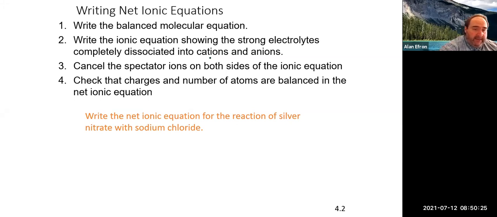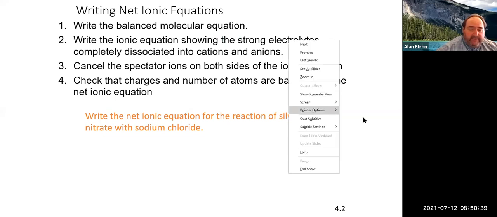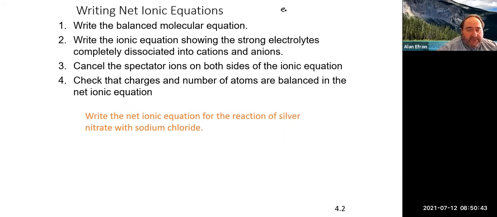As we'll talk about as we go through this chapter on reactions, there are sort of three driving forces for chemical reactions: an electron transfer, the formation of a precipitate, which is what we're talking about here, and also the formation of water, for example.